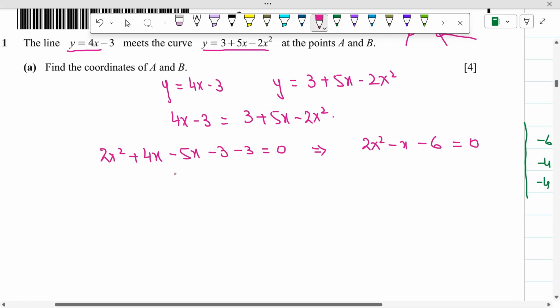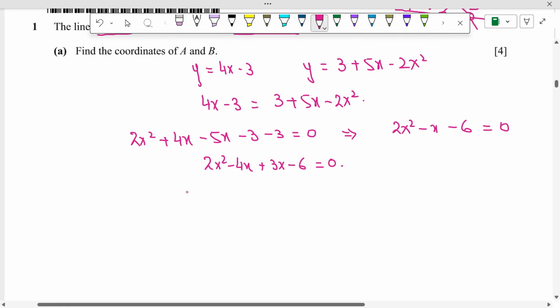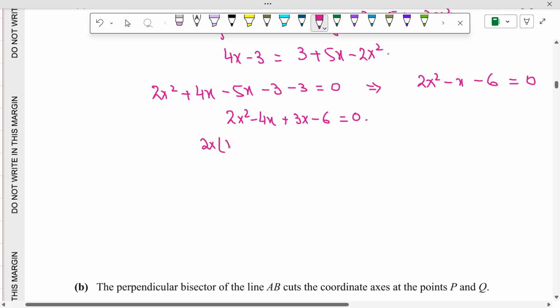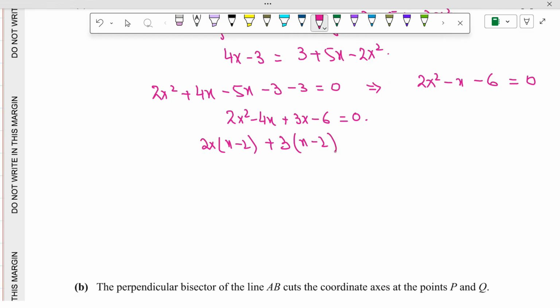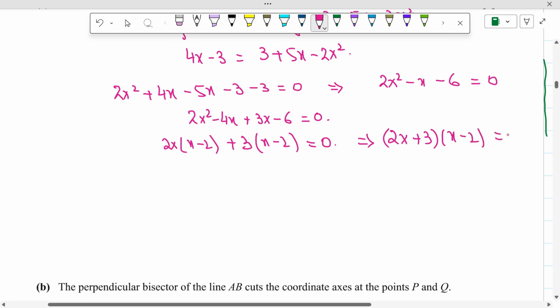So it is 2x square minus 4x plus 3x minus 6 equal to 0. Taking 2x common, we have x minus 2, and taking 3 common, we have x minus 2, and this is equal to 0. So we have two factors, 2x plus 3 times x minus 2 equal to 0.